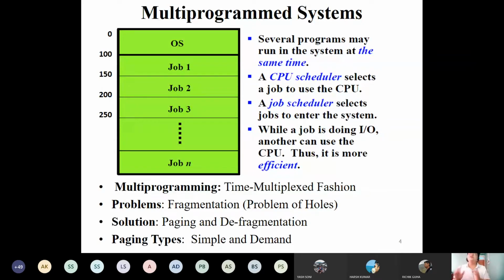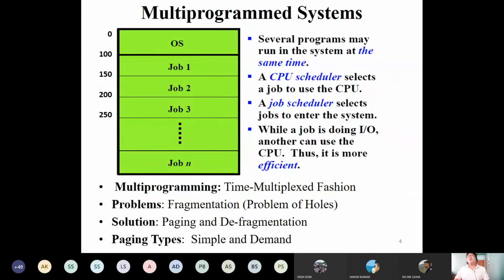This is how we can define how a multi-programmed OS performs multitasking at the same time. This is all about how a multi-program OS works.